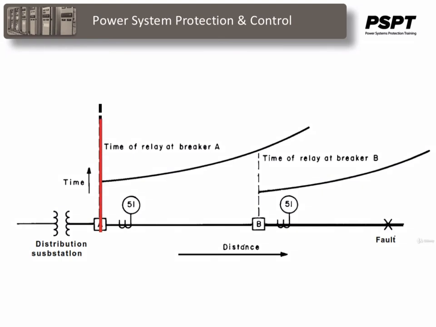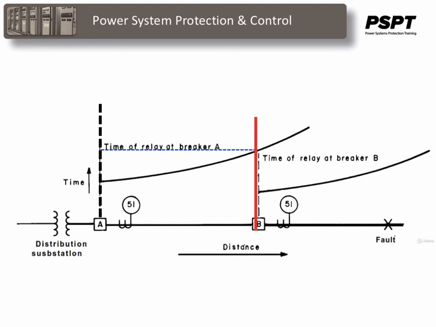What it does indicate is that as you move down the feeder, if there is a short down the feeder, the current would be decreasing as the fault occurs further down the line, and because it's an inverse time relay, the time to operate the relay will also take longer.